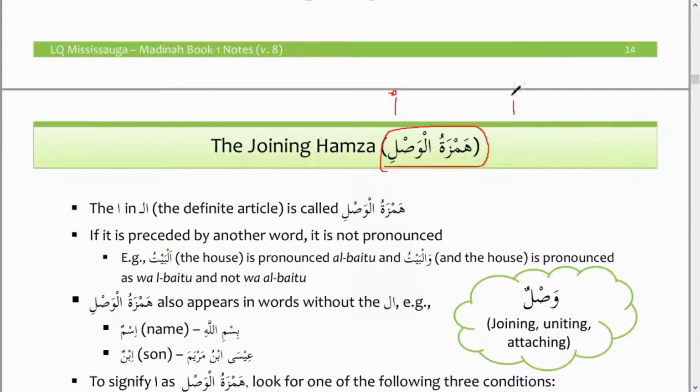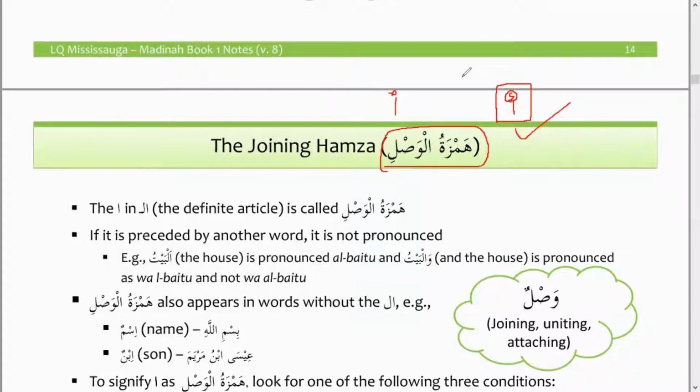And the other hamza is this one. This is the real hamza, which has the chair of the alif. Any word generally has this hamza by default, but there are some special cases when the joining hamza comes.